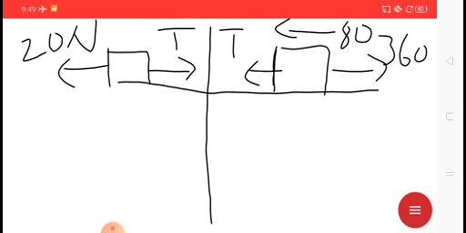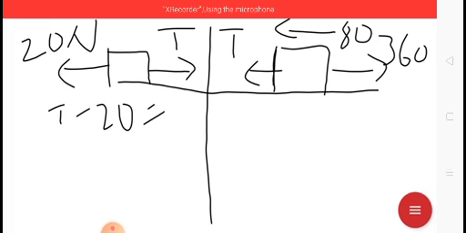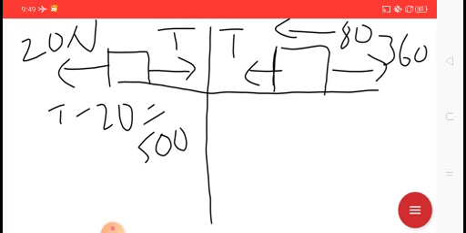Let's say we go to the right hand side as positive, so T minus 20 is equal to the mass of the trailer, 500, times A. Okay, your net force equation. And if you proceed, you have the first equation on this side, and on the other side you can form another equation.